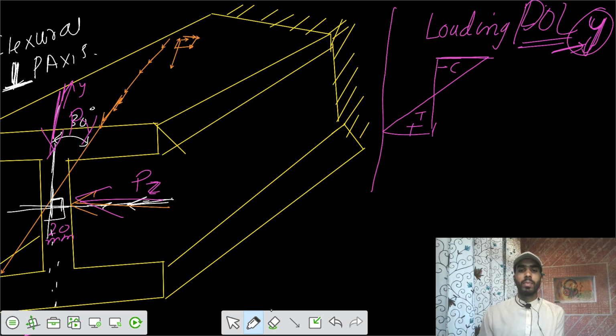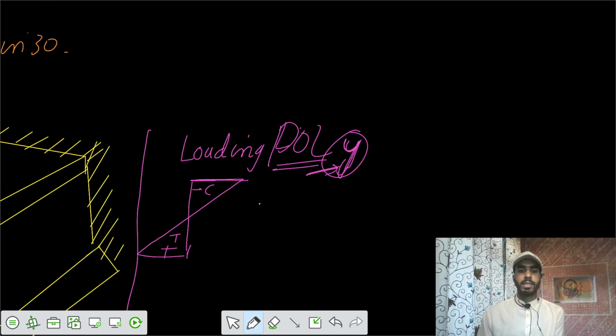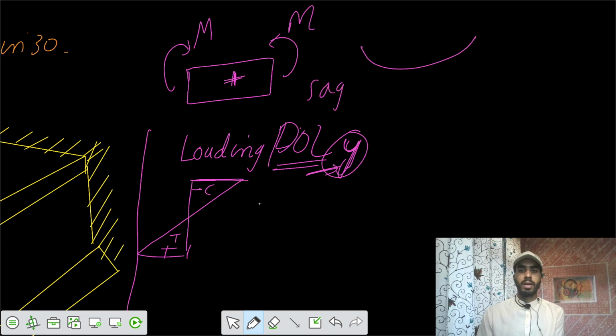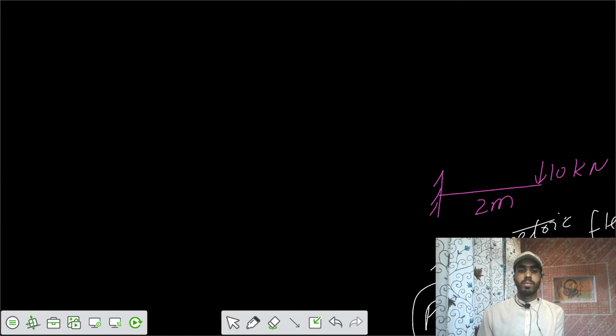This is a cantilever beam. That was valid when we derived the flexural formula. We applied a positive bending moment, because of which we had sagging curvature. But if you talk about the cantilever beam, let's say you are applying a load of P here.